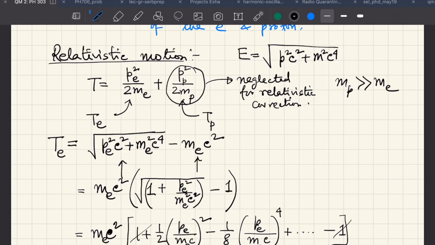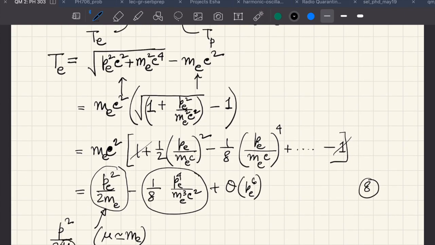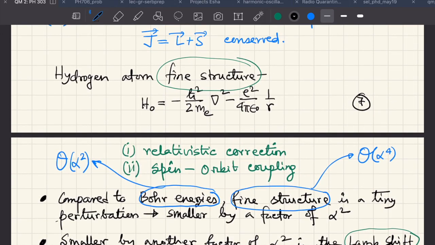It will have this non-relativistic p squared by 2m, and together it will give you this reduced mass. Now, the unperturbed Hamiltonian was already written in equation 7.